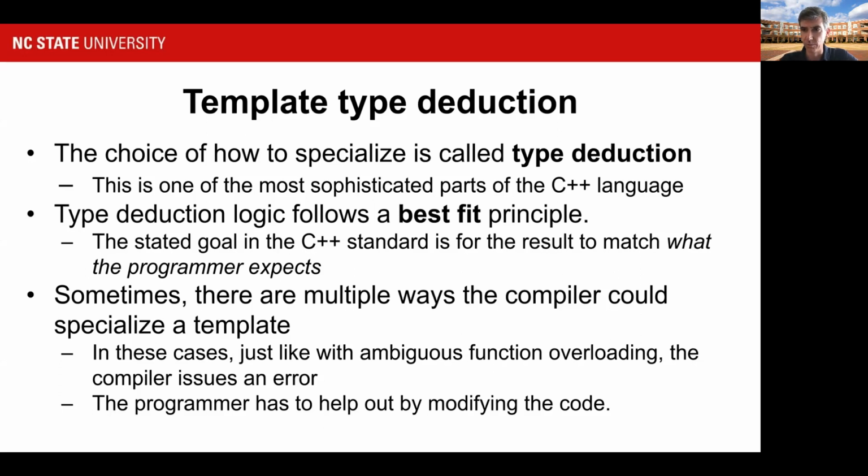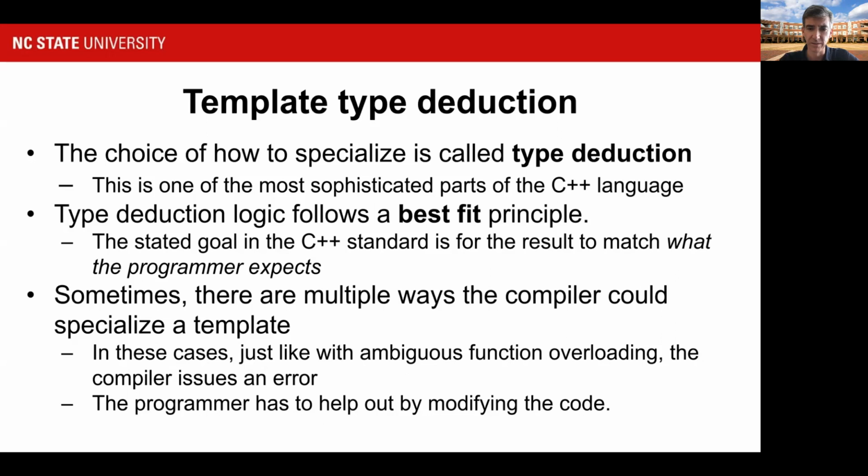And I'm not going to go into the rules here because they're quite long, quite complicated, and can get a bit confusing. So that's not the key point of this video, but I'll come back to it later in the semester. Instead, we're just going to stick with that idea of best fit, and we're going to try to keep the example simple so it's kind of obvious what the best fit would be. However, even when we keep the example simple, there are multiple ways the compiler could think that it should specialize a template sometimes.